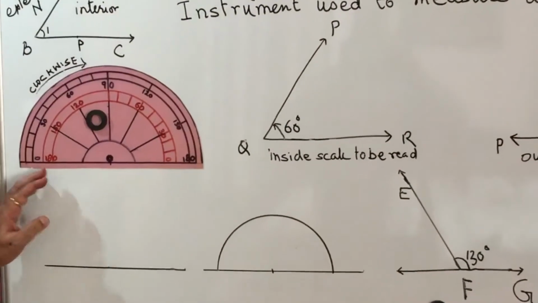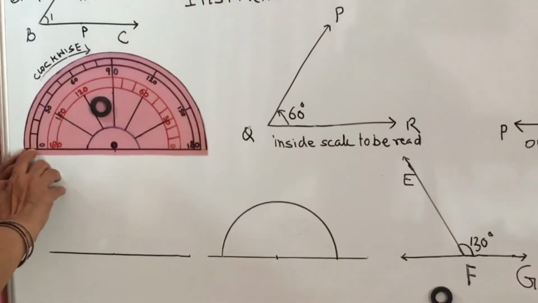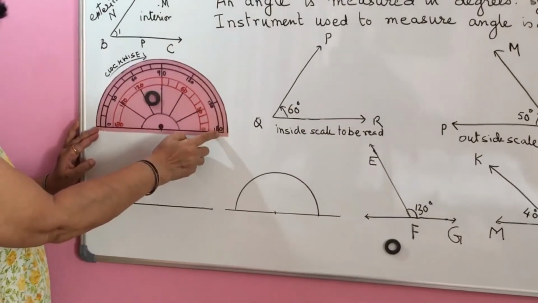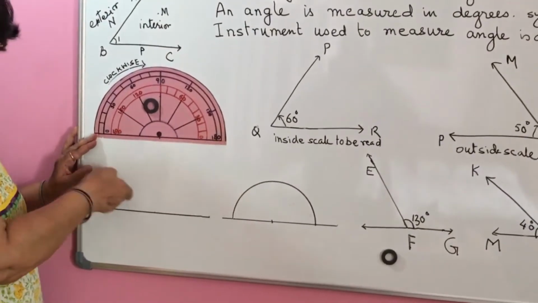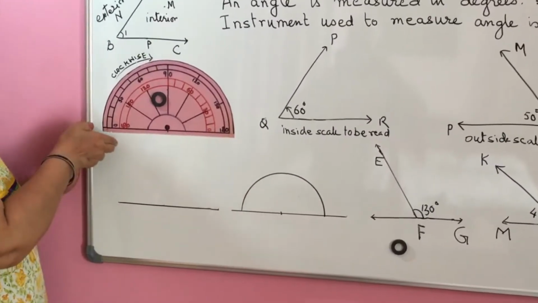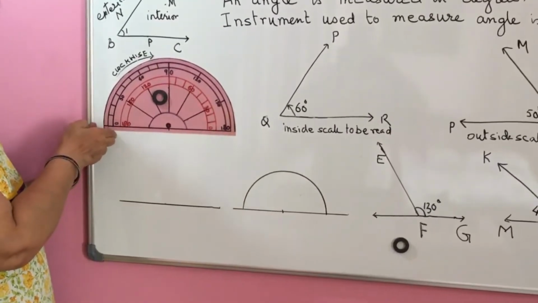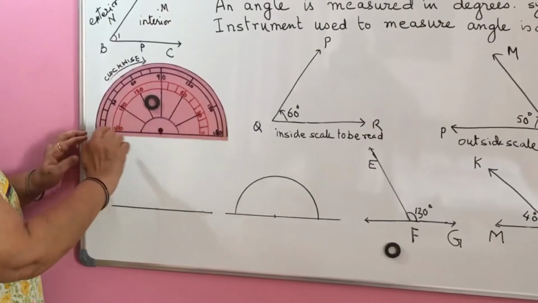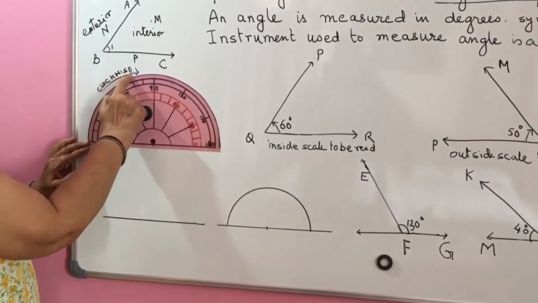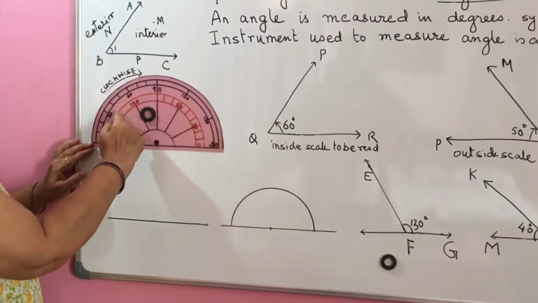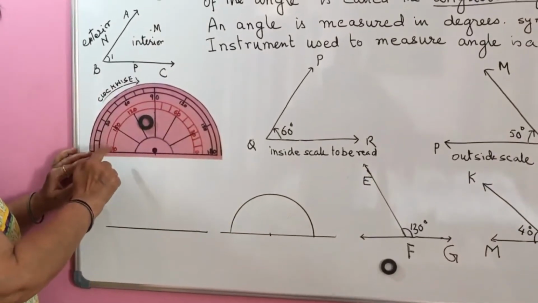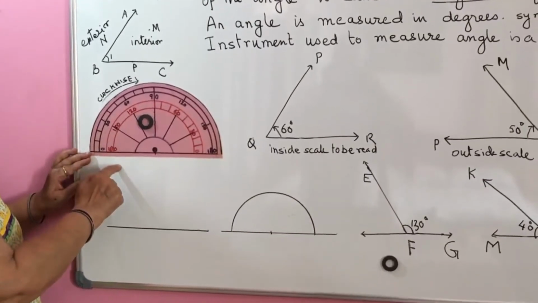The protractor shows only angles from 0 to 180 degrees, not beyond that, that is 270 and up to 360 degrees. Now the outside scale runs clockwise, the inside scale runs anti-clockwise, and we'll see how we use these scales.